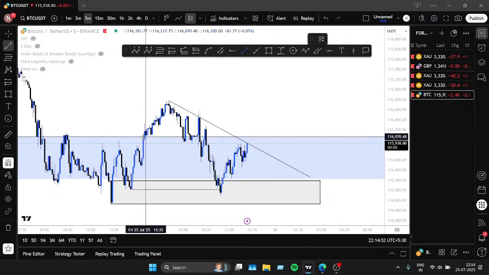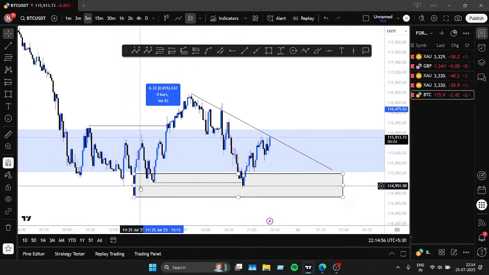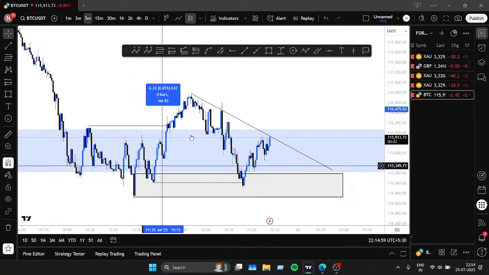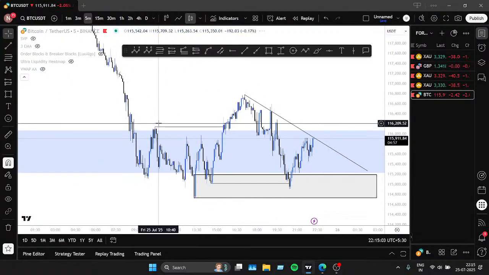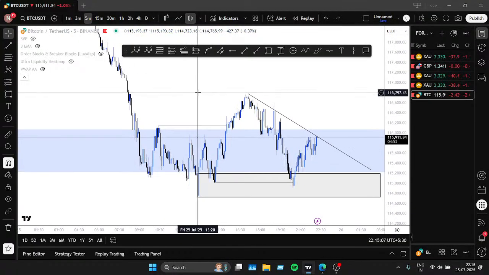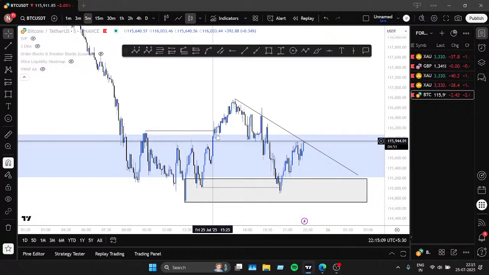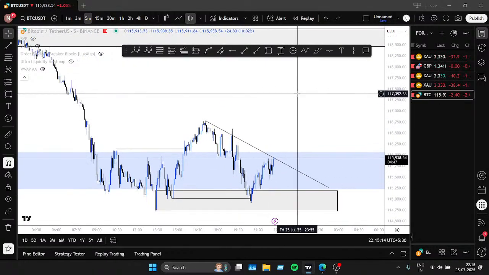Because price just broke the previous high, right? So we know that buyers were active in this particular region and gave us a bullish break of structure, right? It broke the previous structure, right? So we know that now there might be a market structure shift, there might be a change in the direction of the market, as I speak.